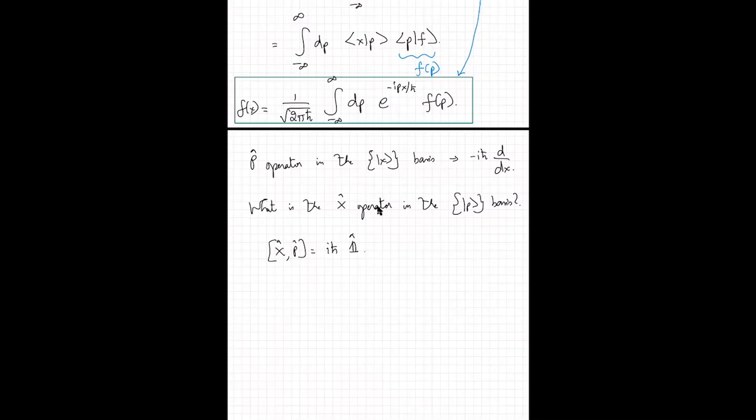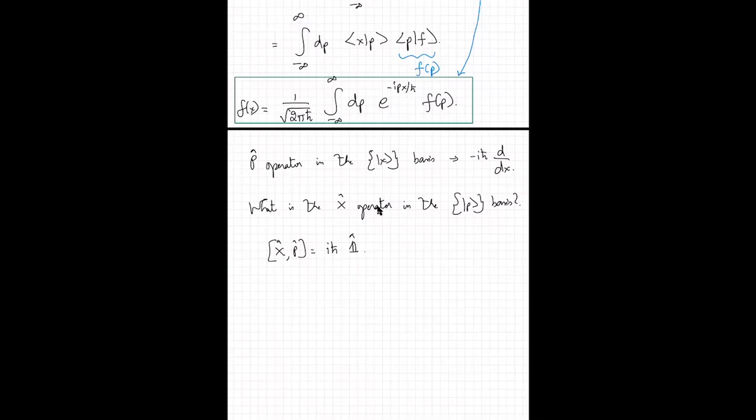Now you simplify the left hand side using the completeness relation, and then you would be able to guess what the X operator in the P basis is. So I want you to finish this computation using this particular method. But if there is any other method, you can also use it. For example, you can start directly by asking what is this matrix element, okay?